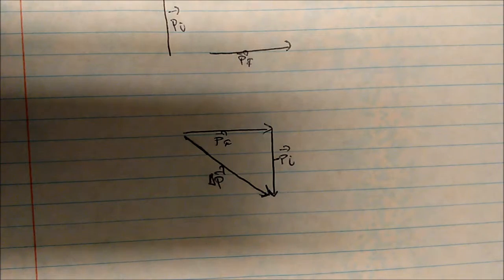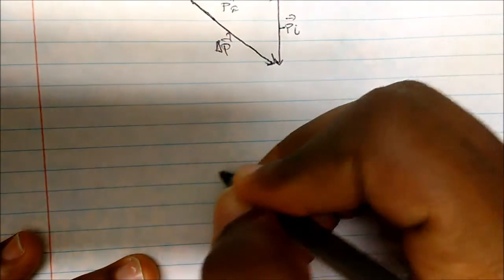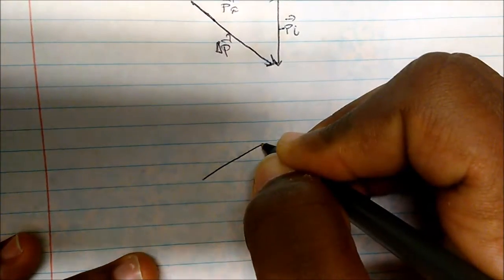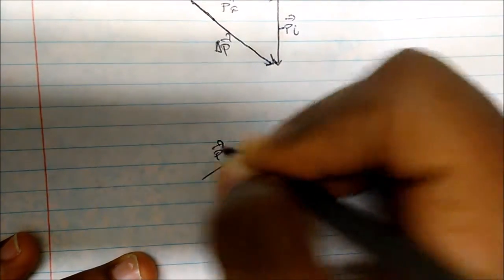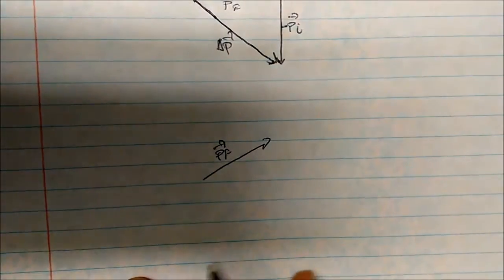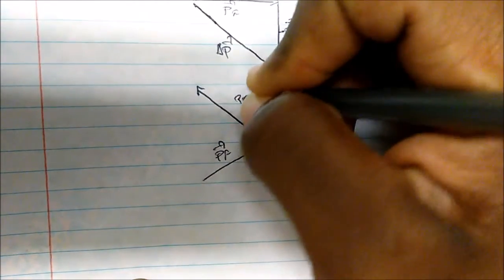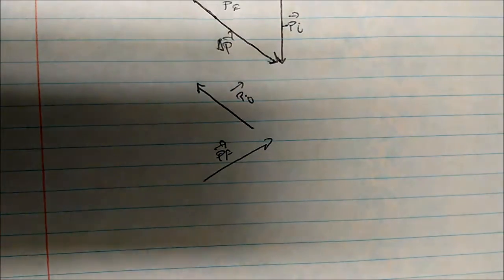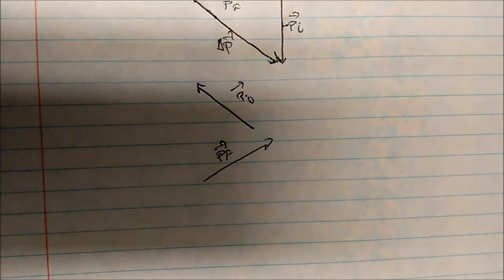Okay. Let's look at another one. What if we had some sort of final momentum, P final going this way, and we had P initial, so this is P initial going that way? What would be the net impulse applied to the object?